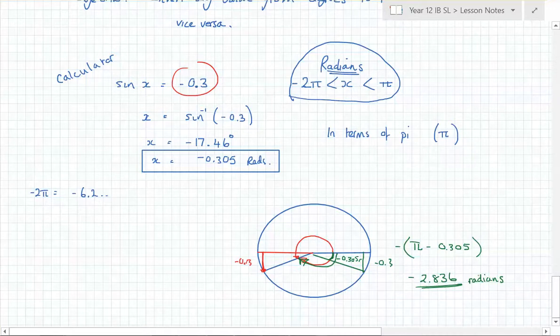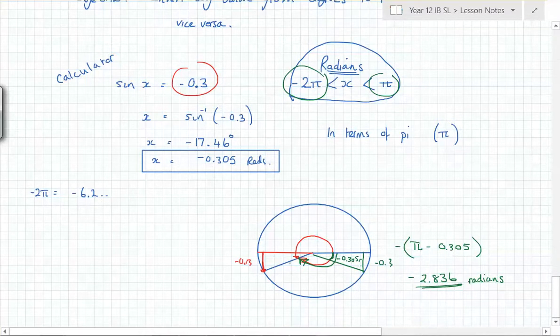So which way then is the domain? Because it's a minus 2 pi. Well, exactly, so I've got to go minus. I can go from pi to minus 2 pi. All right, so I have a solution at minus 0.305. Is that all right?